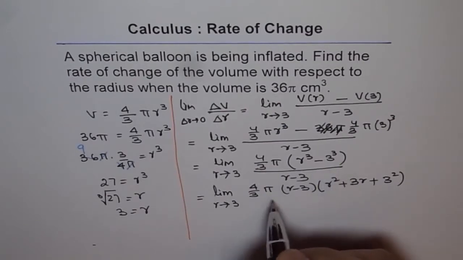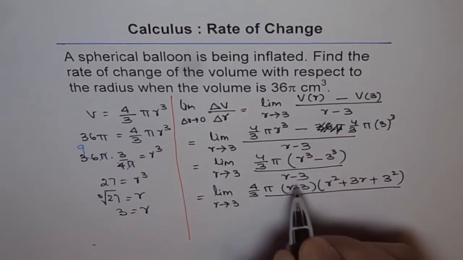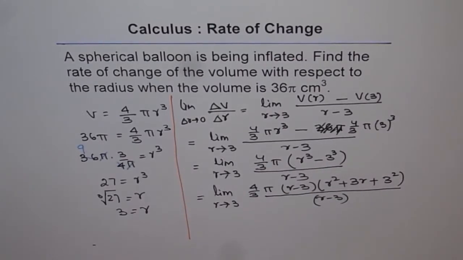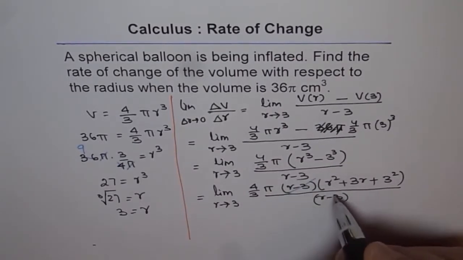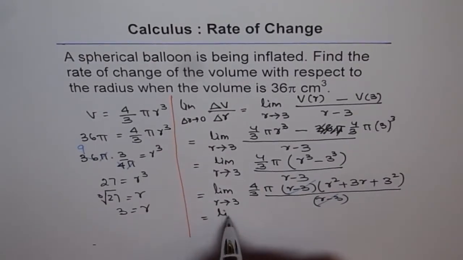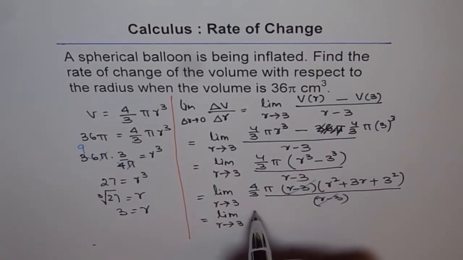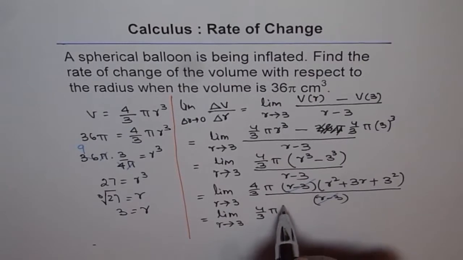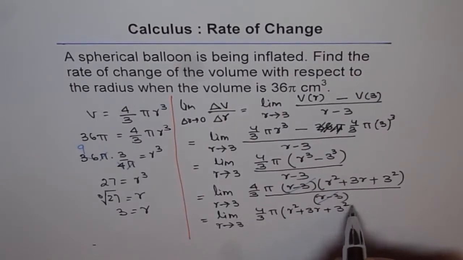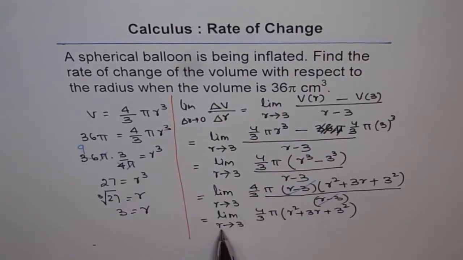Divided by r minus 3, right? Now from here you can see r minus 3 is a common factor in numerator and denominator. So we can cancel this. And so we get limit r approaches 3, and we have 4 over 3 pi times r square plus 3r plus 3 square. And now we can plug in r as 3 in our answer and get the answer, correct?